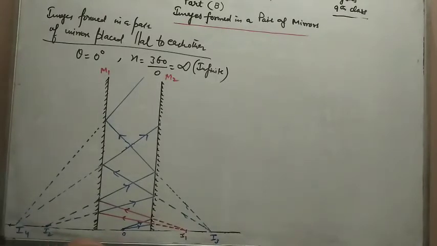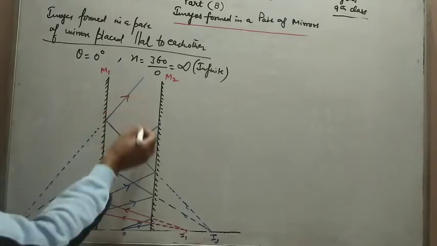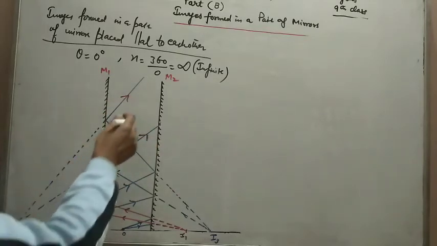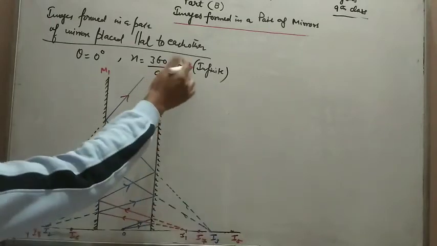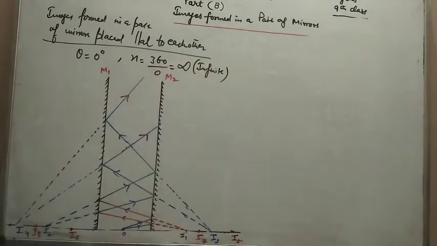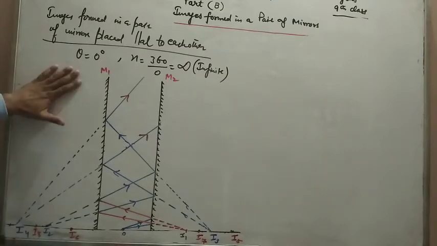Now if you see, this is the I4 image. From this you can draw the reflected arrows, and a number of images will form. From your side, you can write I5, then I6, then I7, then I8. It means infinite images will form, and that is according to our formula. So it means it is the correct formula. You can get the number of images.